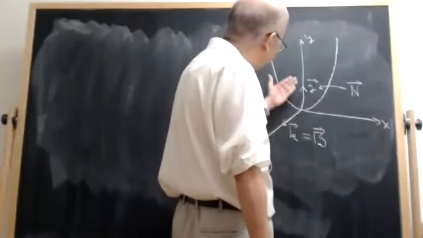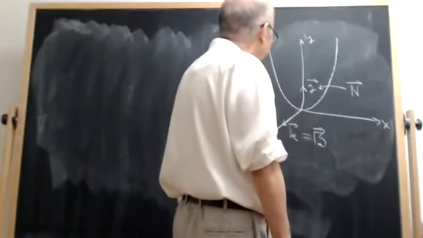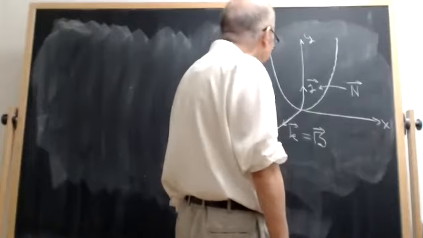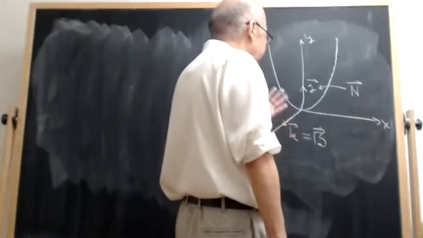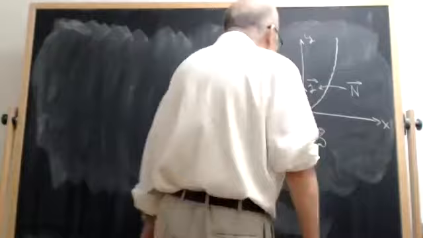B cross N is the normal vector of the normal plane. So we can use a scalar equation of the plane using B cross N as the normal vector of the plane, which we are looking for. The plane here, right? And we want to find the normal plane. What is it?